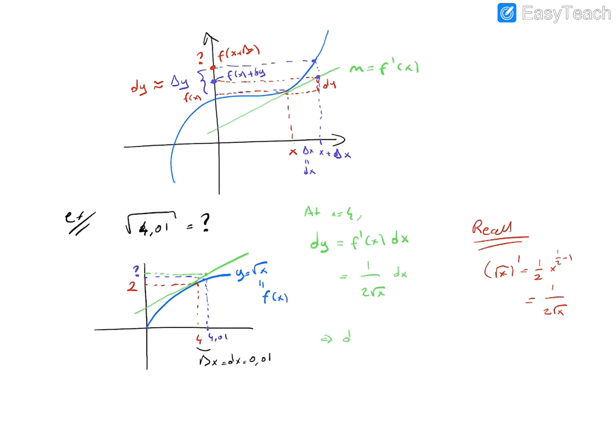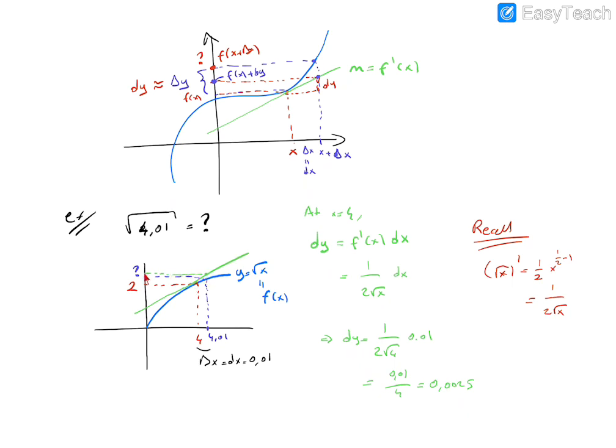This implies the differential of y equals 1 over 2 square root of 4 times 0.01. So this is 0.01 over 4, which is 0.0025. So this value is the differential of y, not the exact change of y, but the approximate change of y. On this line, this is the approximate change.